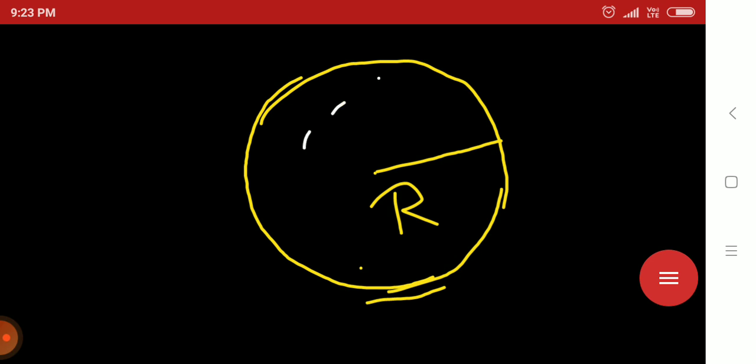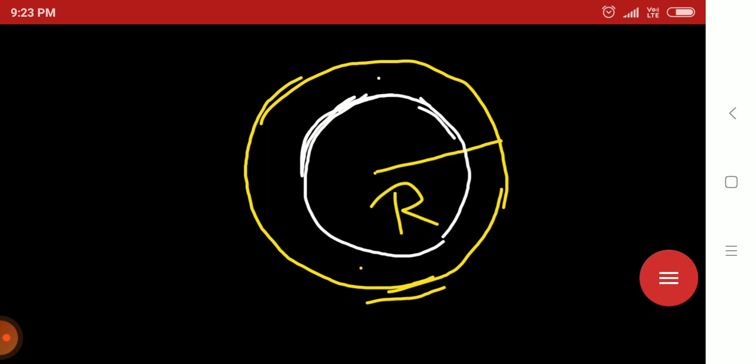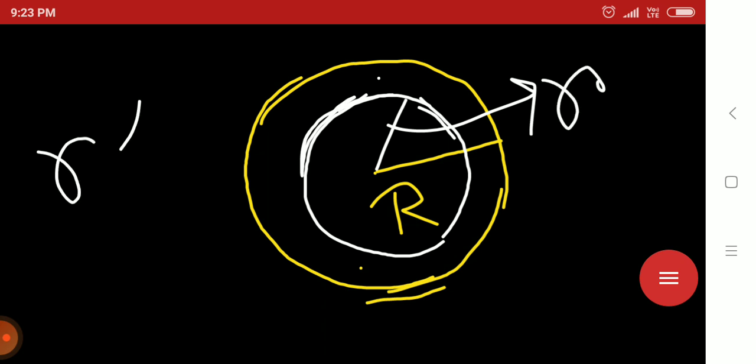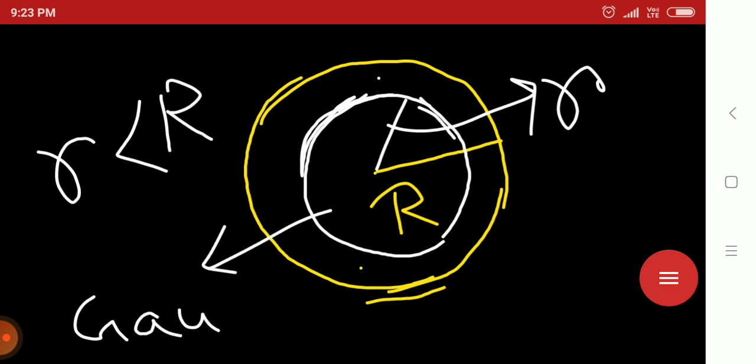Now, if we want to calculate the electric field inside this uniformly charged sphere, what do we have to consider? The first step is to consider a Gaussian surface, a Gaussian surface that has a smaller radius, r less than capital R. This is the Gaussian surface.